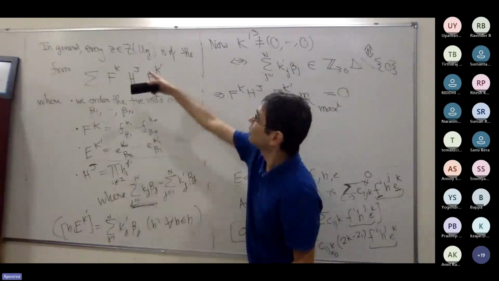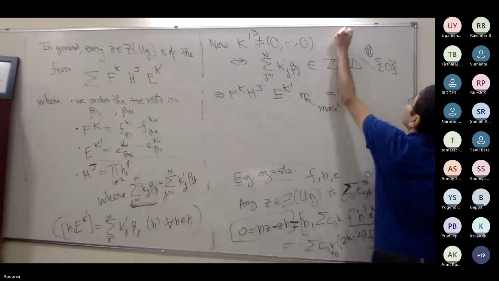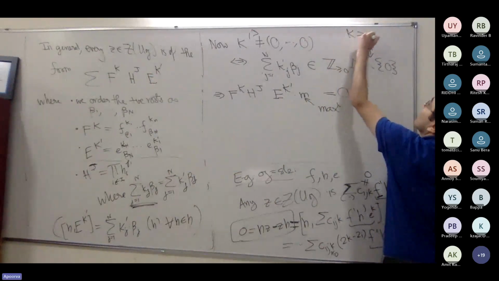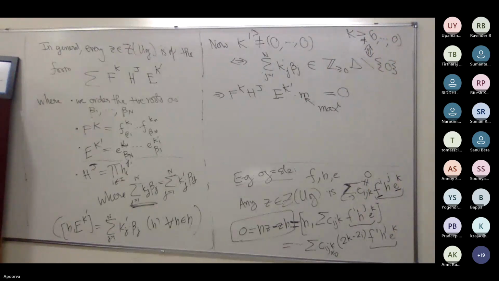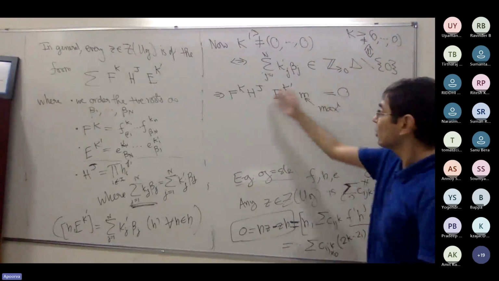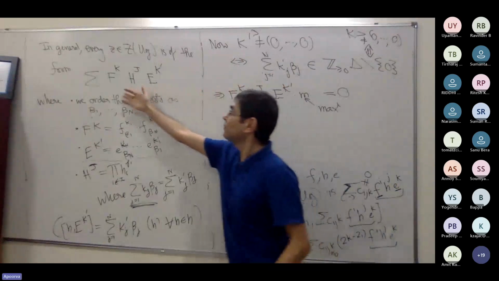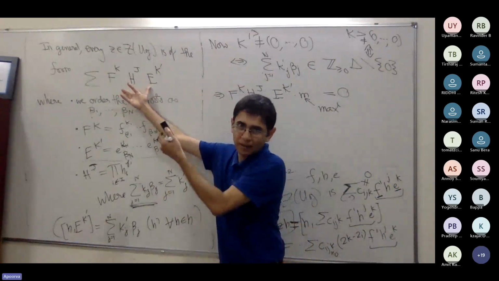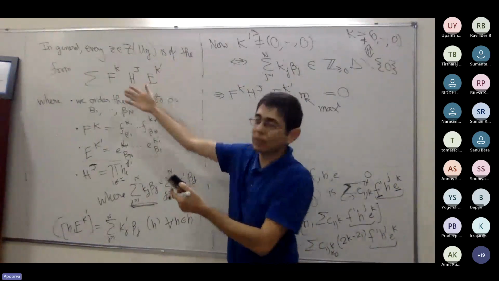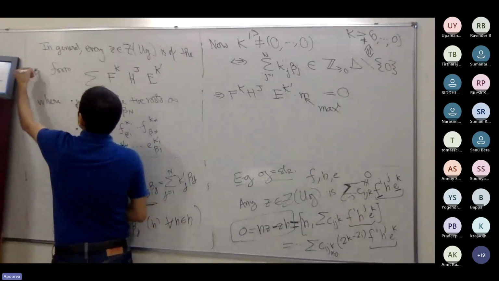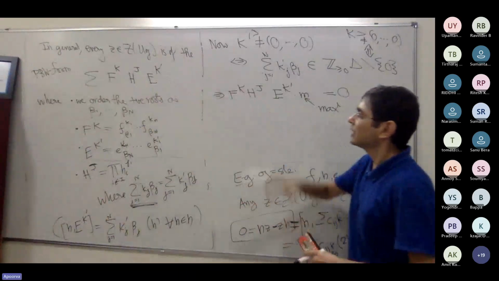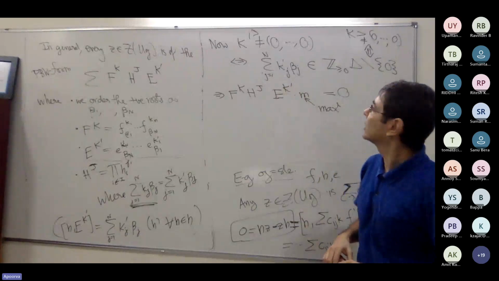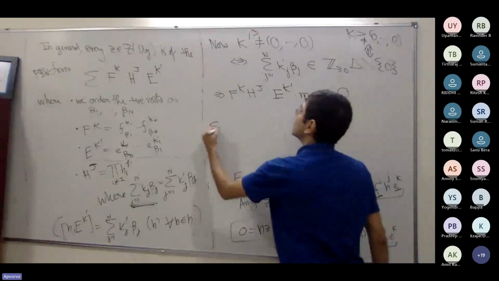This summation is non-zero if and only if K is non-zero. So we are now killing off every word or summand that occurs in Z when you write it in the PBW form. We are killing off everything where the K prime and the K are non-zero.